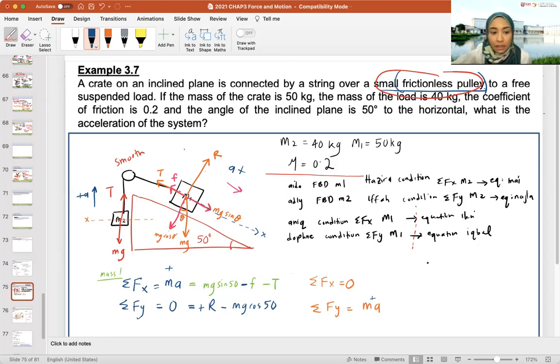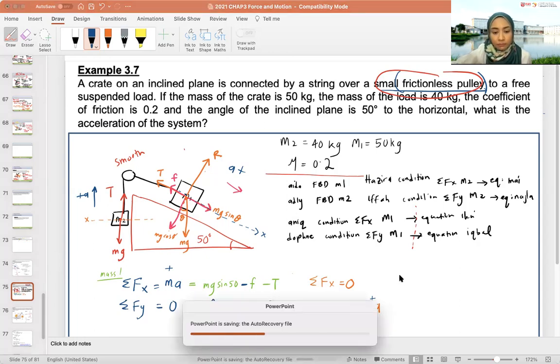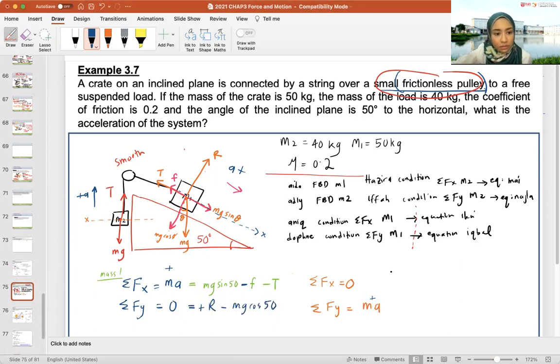Next is Mai. 0 equals to mg. Awak buat fx kan? Mai. So dalam x awak ni ada mg ke? Tak kot.